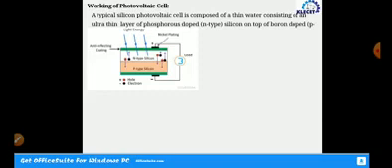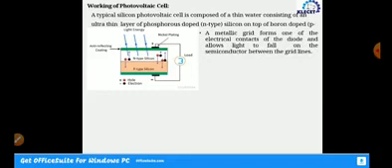In between these two there is a p-n junction. We normally show it as a depletion layer, and below that I am again showing a red layer, that is a metallic contact, which allows the electrons to flow through it.